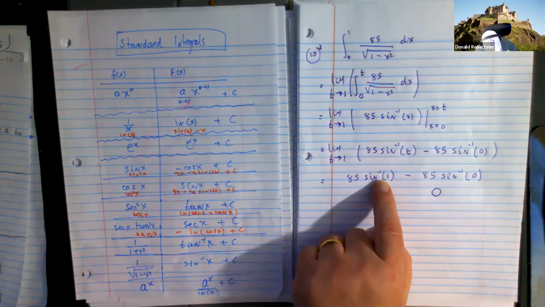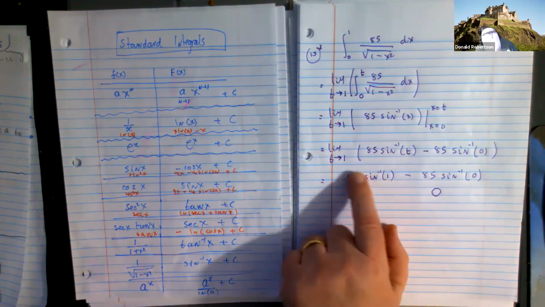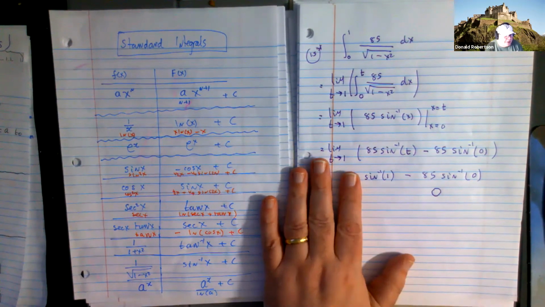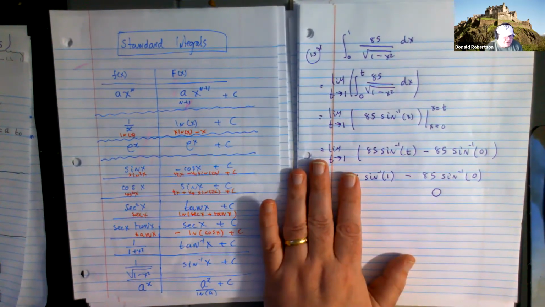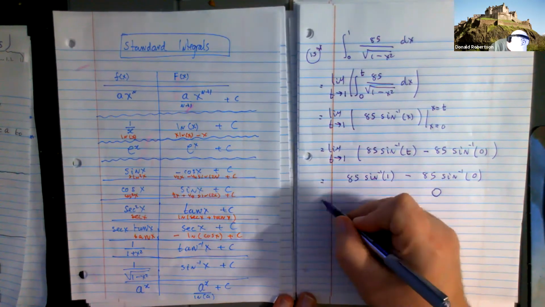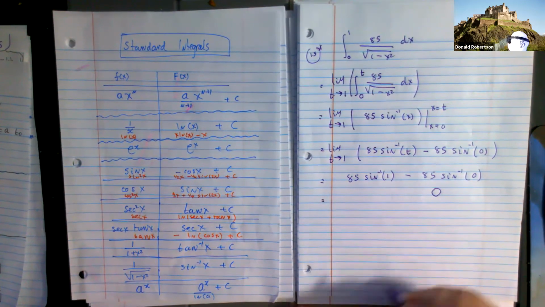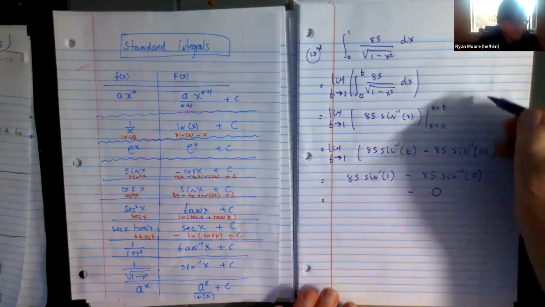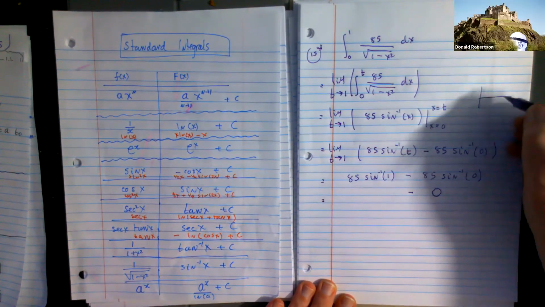What angle gives you an inverse sine of 1? Right, so what you're looking at here is an angle whose sine is 1. What angle has a sine of 1 in the first quadrant? 90. Right, and in degrees, he's quite right.